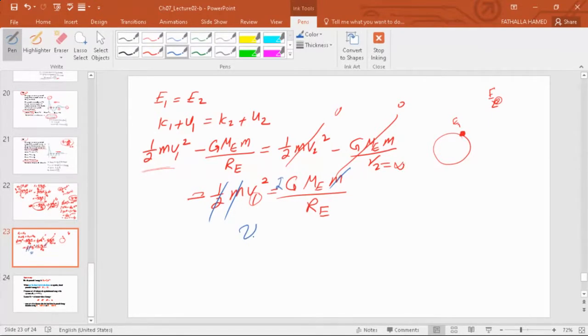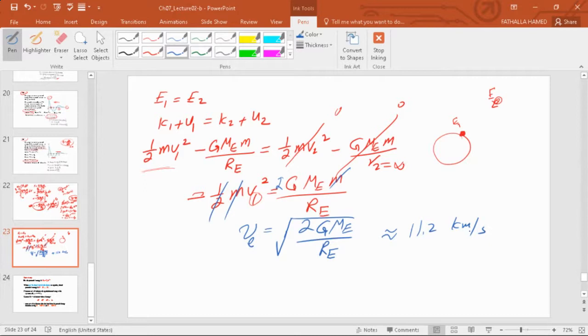So your v now, and let's call this e here, meaning escape speed, will be the square root of 2G mass of the Earth over the radius of the Earth. If you do the calculation, it will roughly give you about 11.2 kilometers per second.